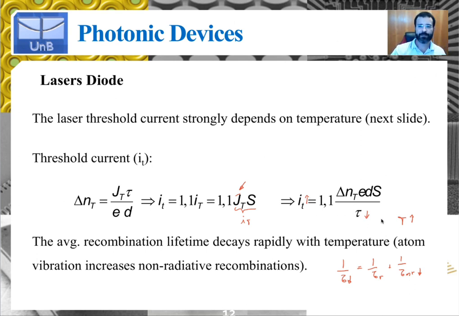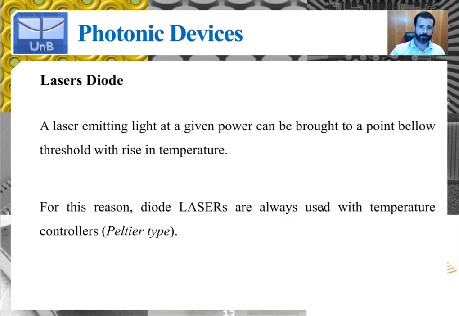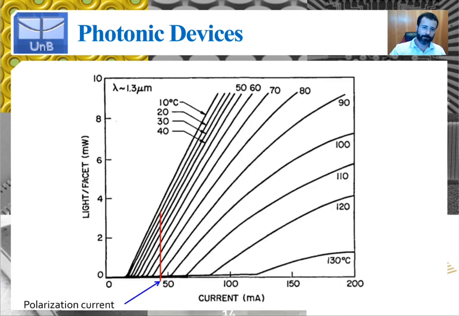But the fact is that as you raise the temperature, the threshold current will increase with temperature, and it will have a very strong dependence on temperature. So we can see this by looking at a few curves for the measured light emitted at the facet of a Fabry-Perot laser in milliwatts as a function of the current in milliamps, right?